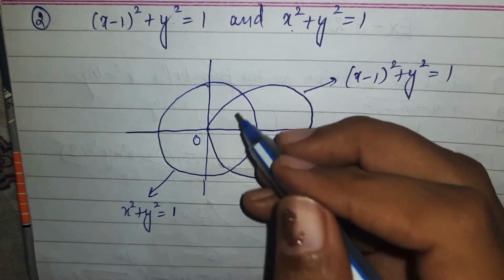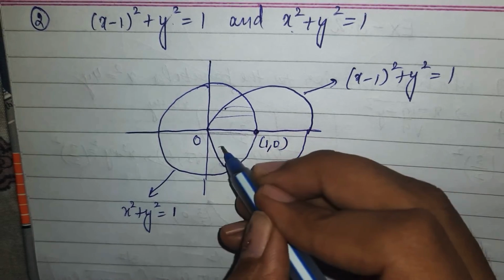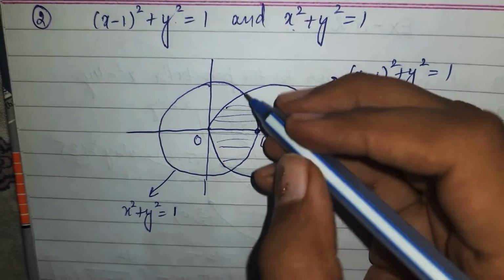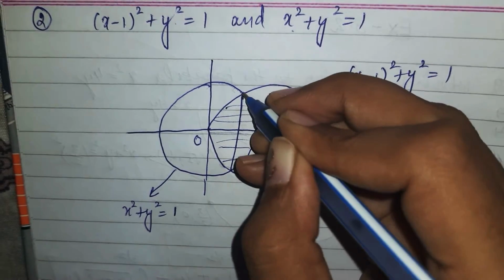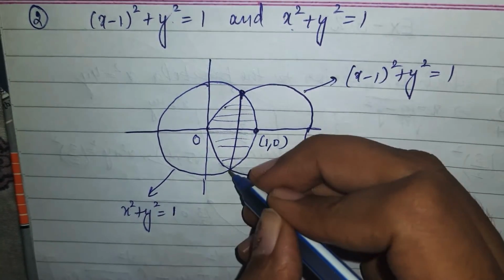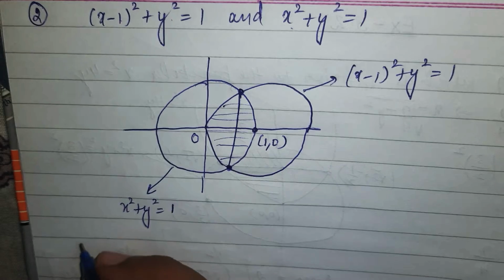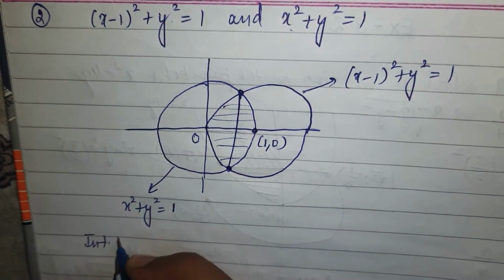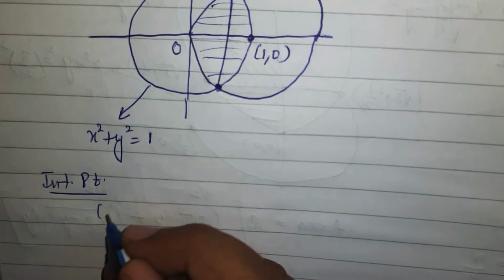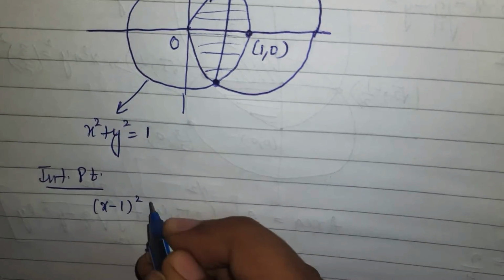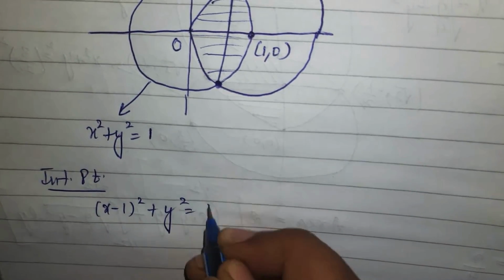Now you need to calculate this area. Okay, for calculating this area, this point I require and this point I require. So if I talk about the intersection point, (x minus 1) square plus y square is equivalent to 1.